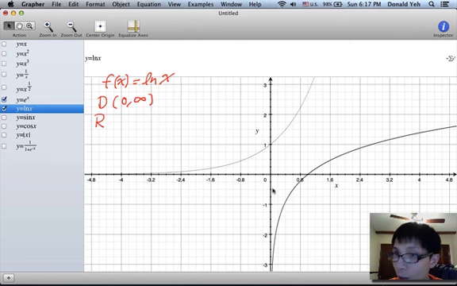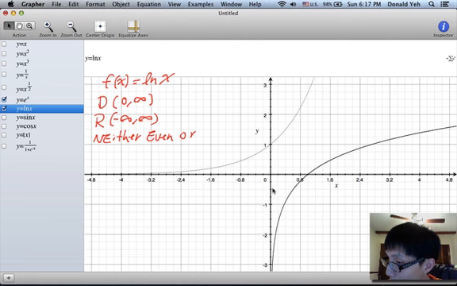The range is from negative infinity to positive infinity, and it is neither even nor odd, but it is inverse to e to the x. And there is a vertical asymptote at x equal to 0.